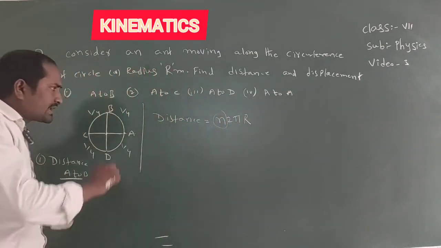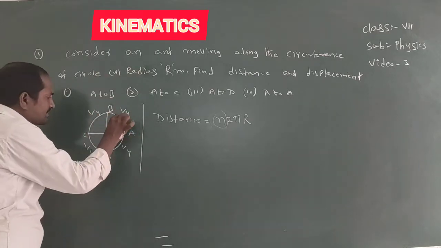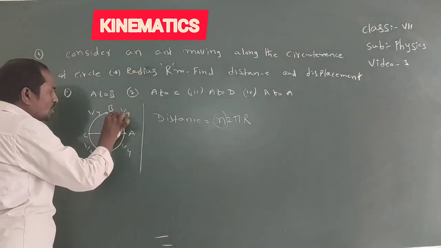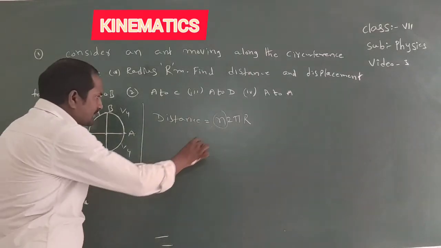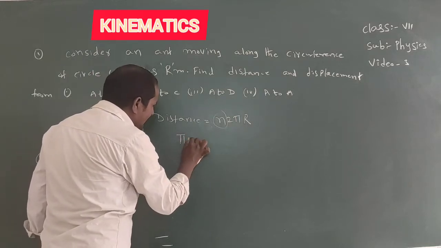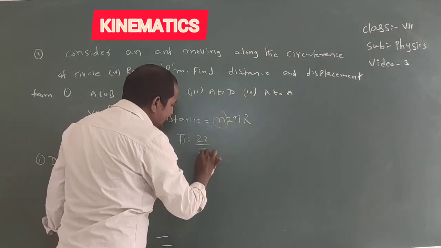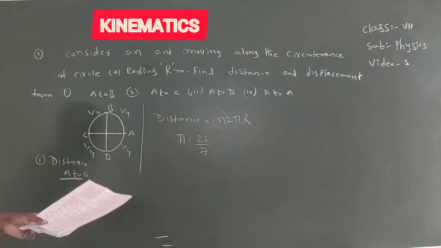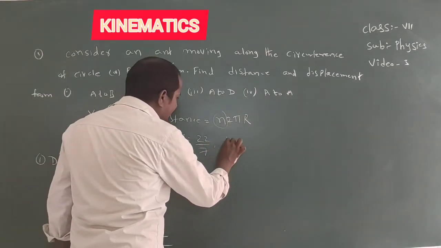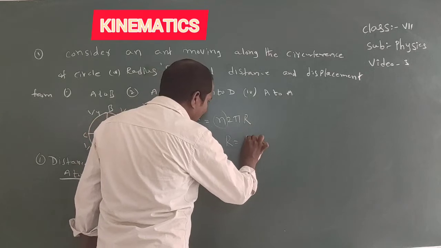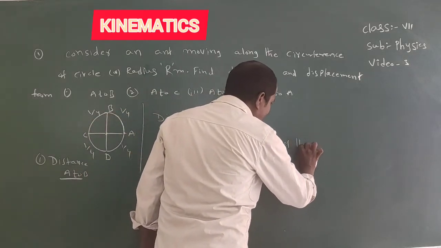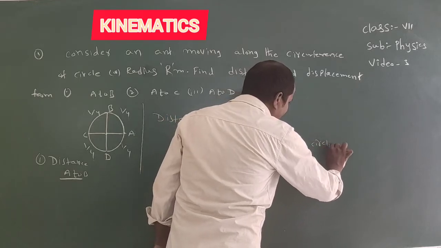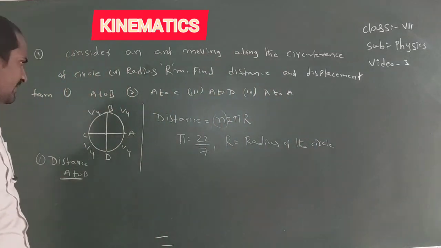N means how many times it is revolving on the circular path. Here, from A to B, it completes 1/4 rounds. Pi equals 22/7. Next, r equals the radius of the circle. Important.